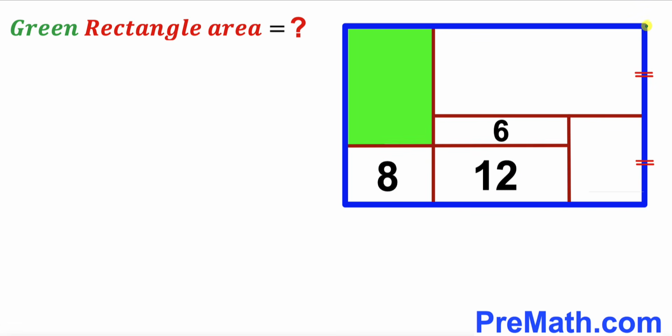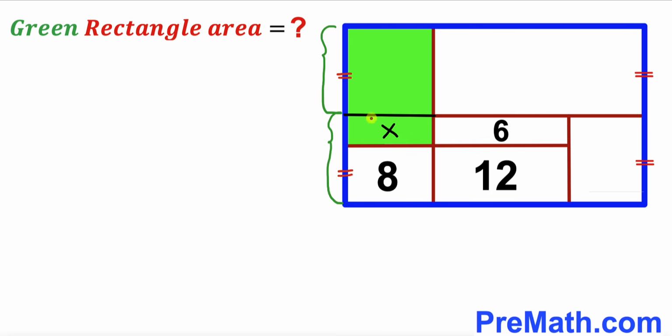Now let's make an observation. We can see that this segment length is equal to this segment length. If we extend this horizontal line all the way to this point, then this segment length is going to be equal to this segment length. If I label this tiny rectangle area as x, then the area of this whole part is going to be equal to this part.